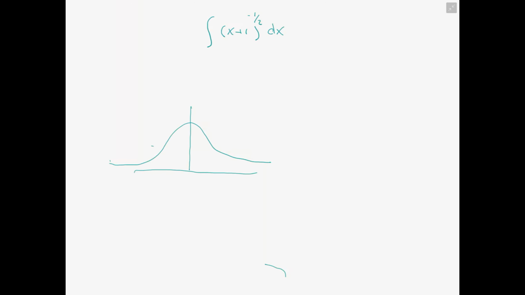And that is given by, this is called the Gaussian curve, and that is e to the minus x squared over 2, something like that. And that's the Gaussian curve. It's the bell curve.